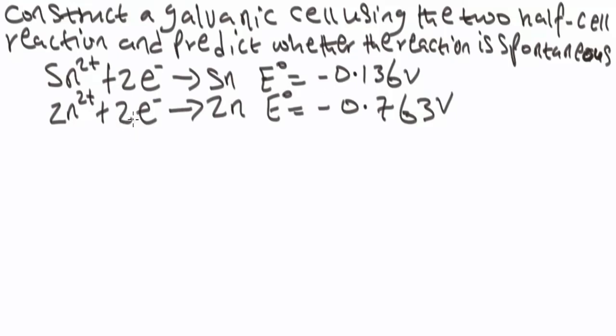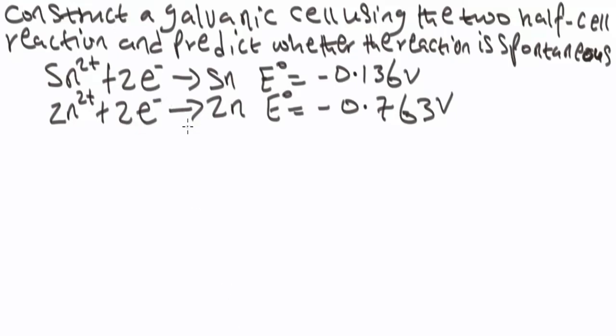Now note that two half cells and their potentials will always be given in their reduction form. So we have to reverse one so it can act as the anode. Usually the one with the smallest electric potential will serve as the anode. In this question, the least electric potential here is minus 0.763 volts, which shows us that this zinc half reaction will serve as the oxidation half reaction.